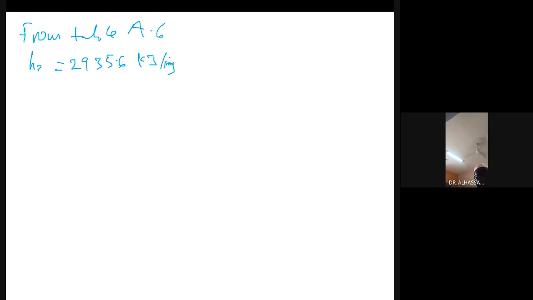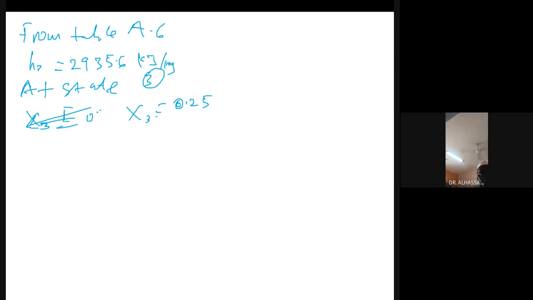Now we need to determine the enthalpy at state 3. At state 3, what is the condition? At state 3 we are told that x, the vapor fraction, equals 0.25.